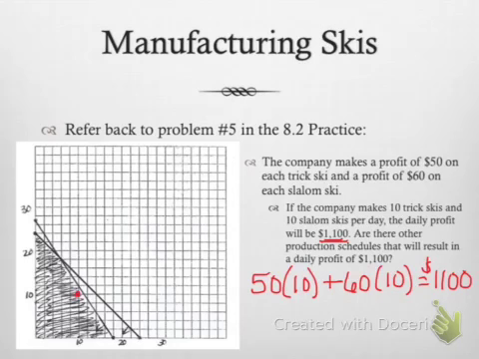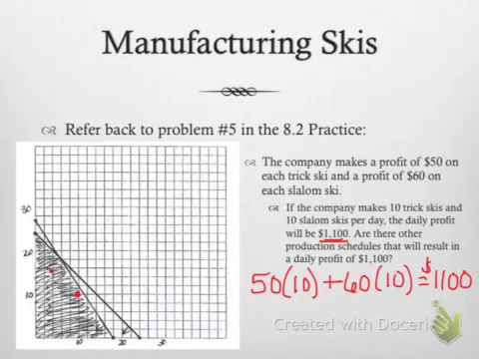All right, so there are several possibilities here. One possibility might be the point (4, 15). So at (4, 15), that's about right there. That is another combination of x and y that would give you $1,100 of profit.